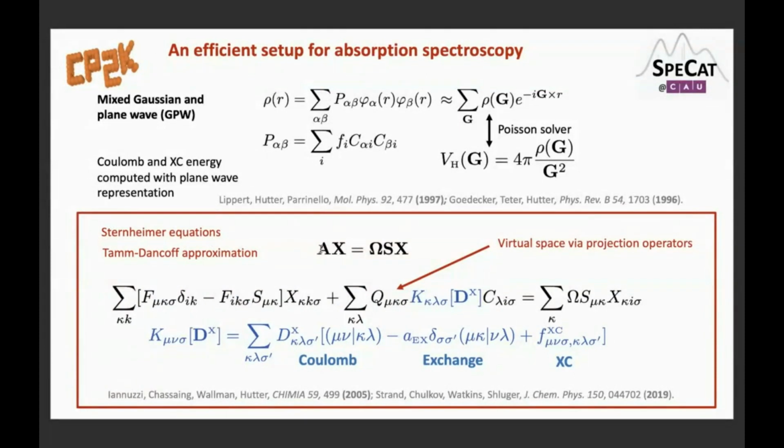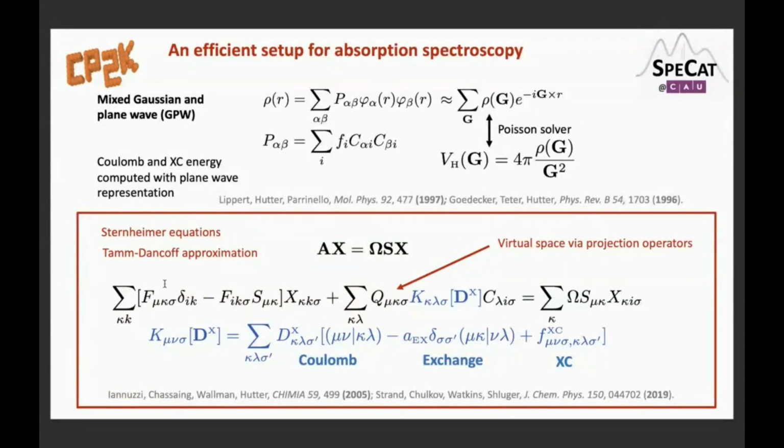And what we're doing here is that we're solving such an eigenvalue problem as shown here. So we are diagonalizing a Hermitian matrix A to obtain the corresponding excitation vectors, excitation amplitudes X, and the excitation energies of our system, omega. And this Hermitian matrix A contains several contributions, given here below, a bit more detailed.